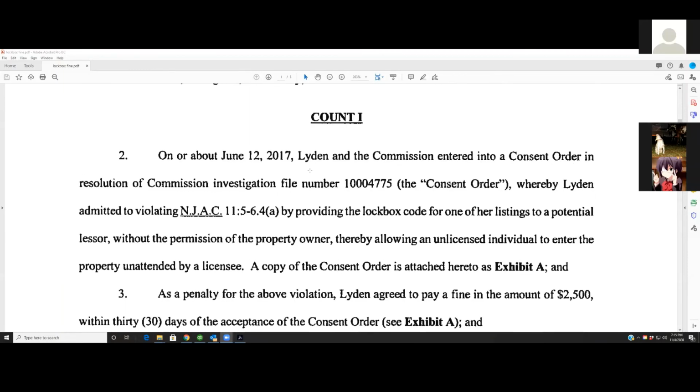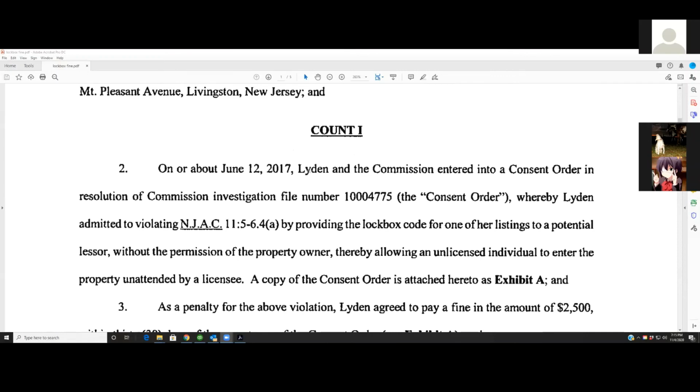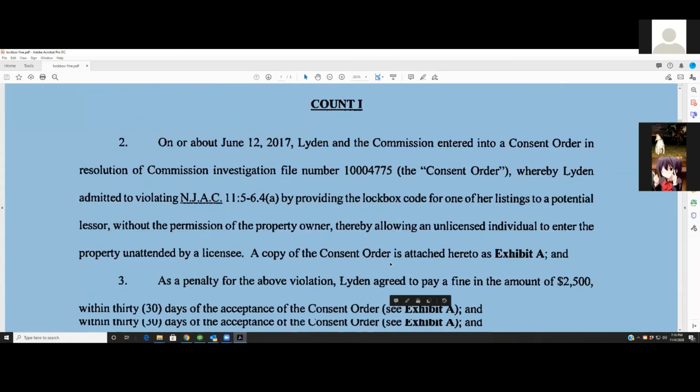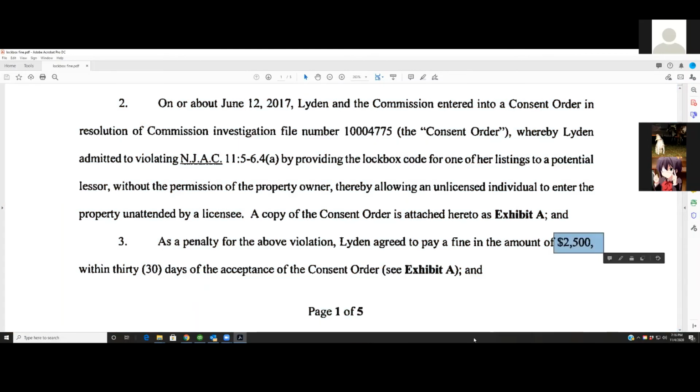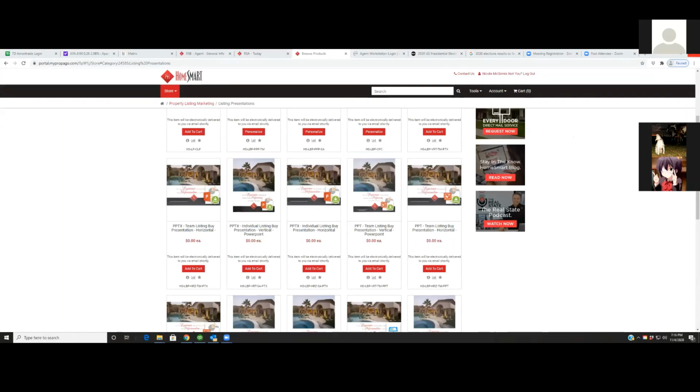What she did is, here you go, by providing the lockbox code for one of her listings to a potential lessor without permission of the property owner, thereby allowing an unlicensed individual to enter the property unattended by a licensee. All right, and here's the fine. $3,500, yeah. So $2,500 just for providing a lockbox code to the agent.